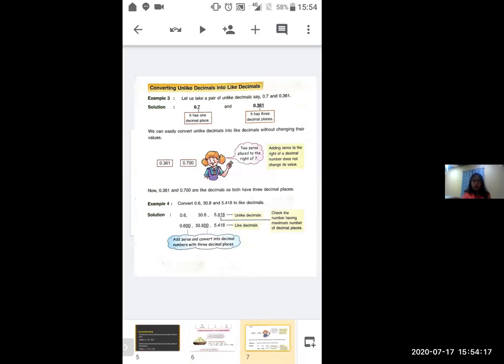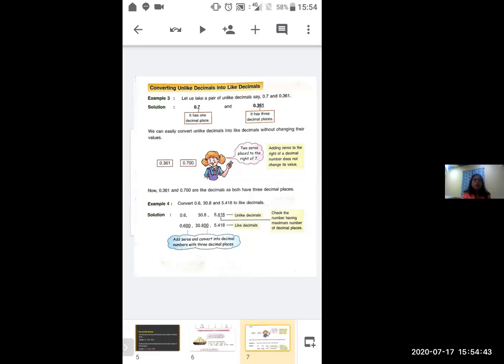Now, converting unlike decimals into like decimals. Let us take a pair of unlike decimals like 0.7 and 0.361. Here one has one decimal place and the other has three decimal places. We can easily convert unlike decimals into like decimals without changing their values.